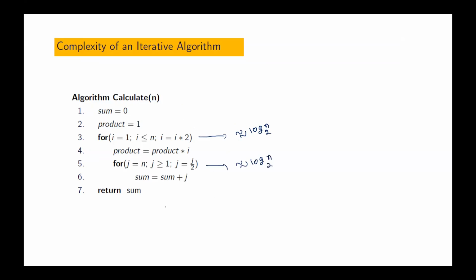Overall, how many times is this operation repeated? Approximate value is log n base 2 whole square. Its order of growth is the same thing, log n square. Any doubt in this example? No, sir. Okay.